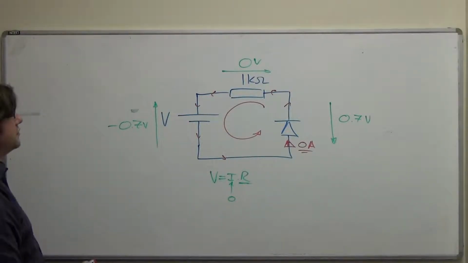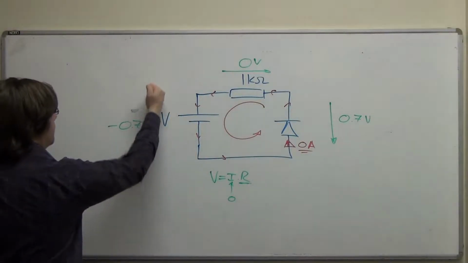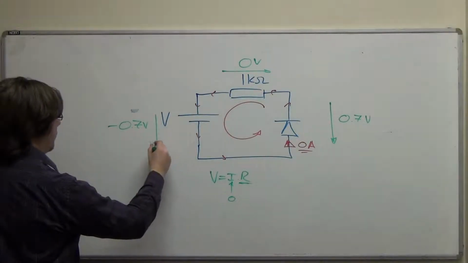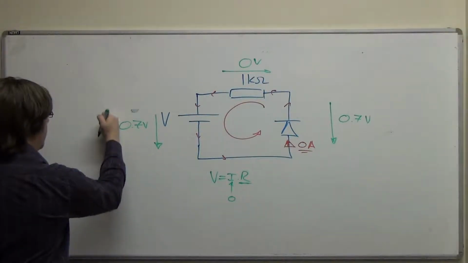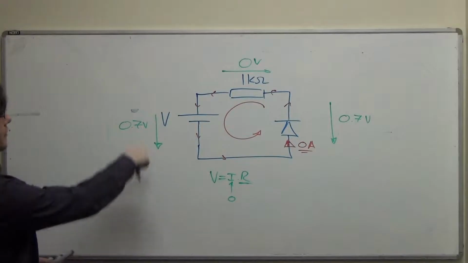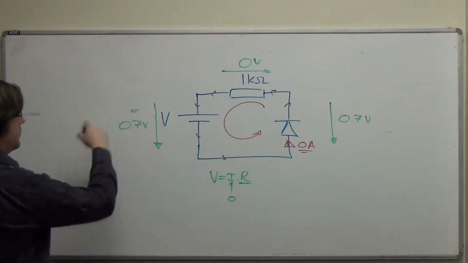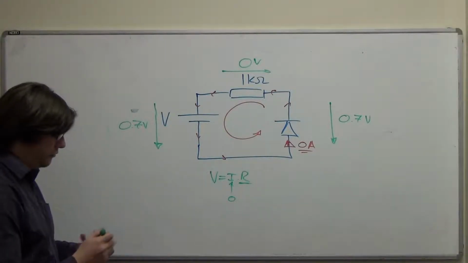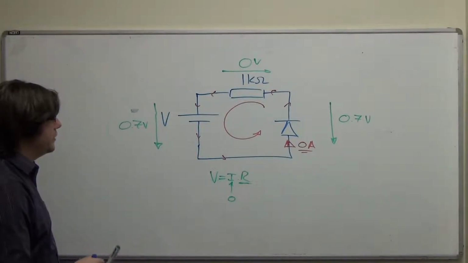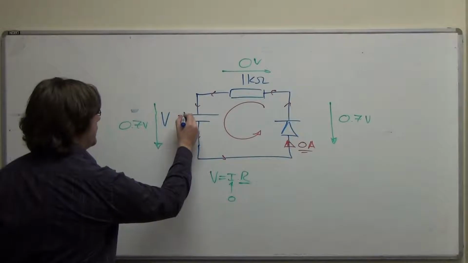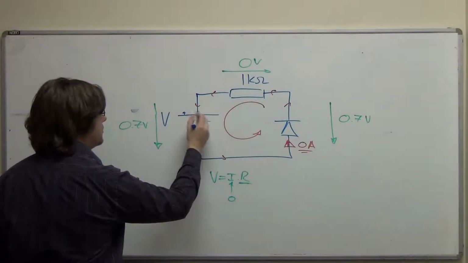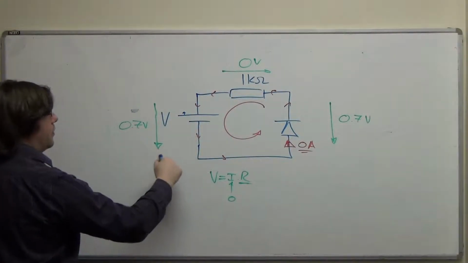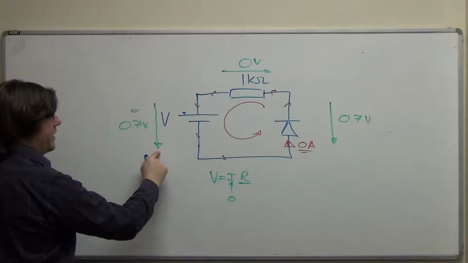And if you don't fancy that, you can change the arrow direction and you get rid of the minus sign. But in general, we would say that this plate of this source is the positive plate, and we would usually put the positive plate where the arrow is.